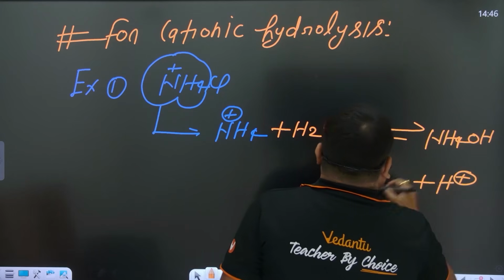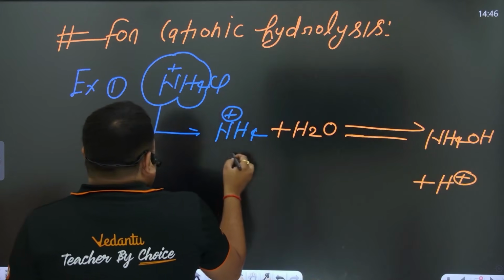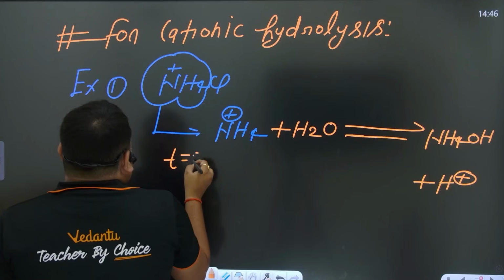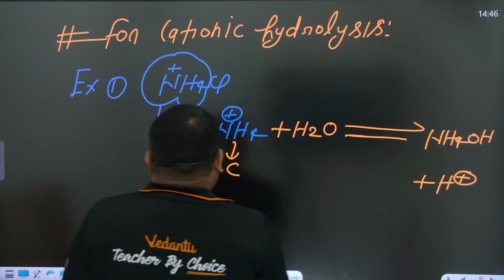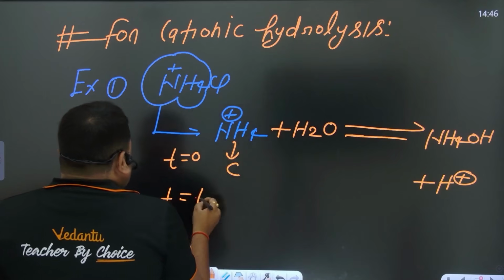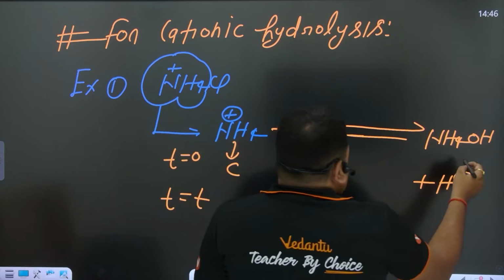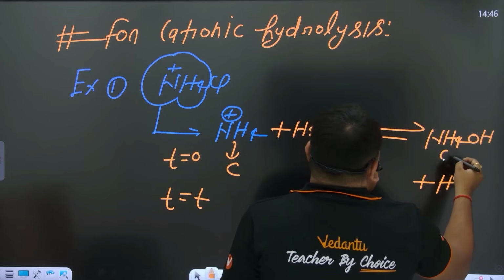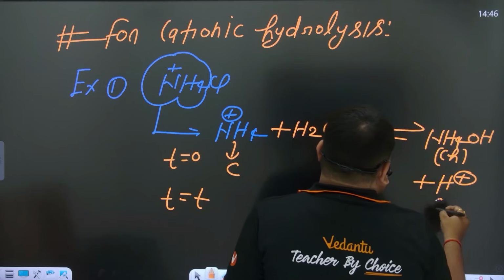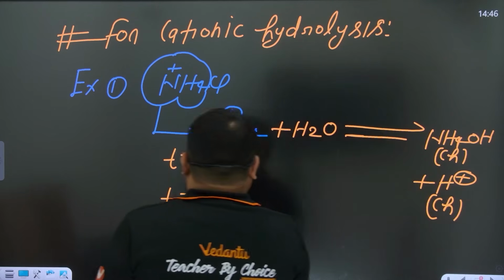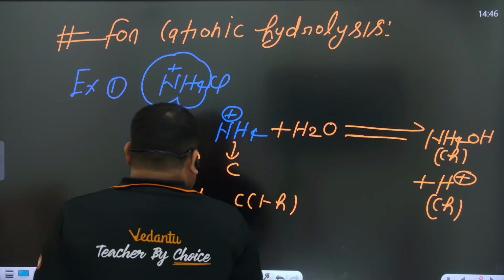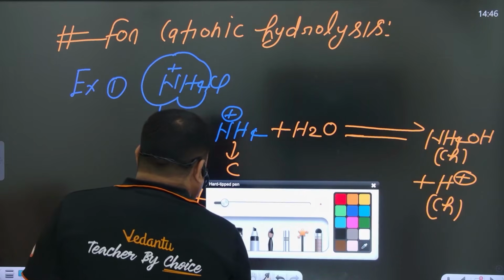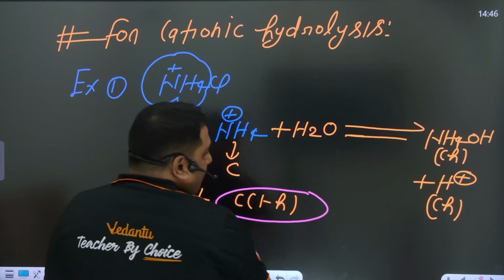If the concentration at t equal to 0 is C for NH4 positive ion, then at time t the concentration of this is Ch, and this is also Ch, right? And this value is C minus Ch. So proceed with this question in the same manner, right?